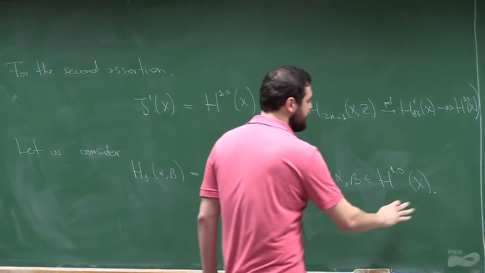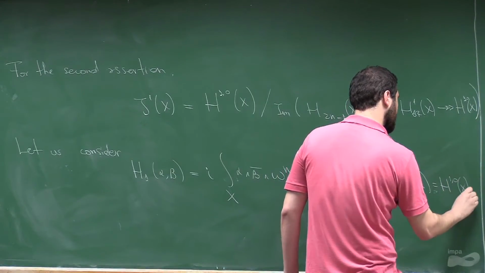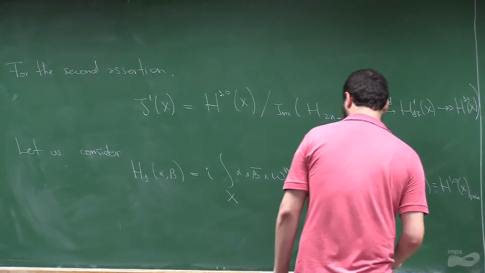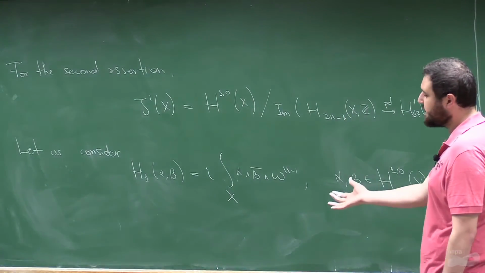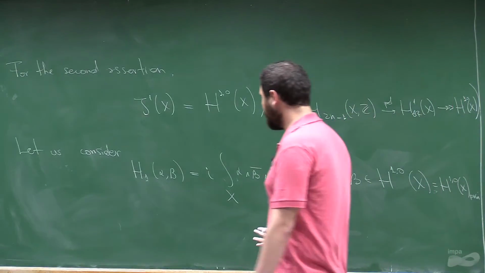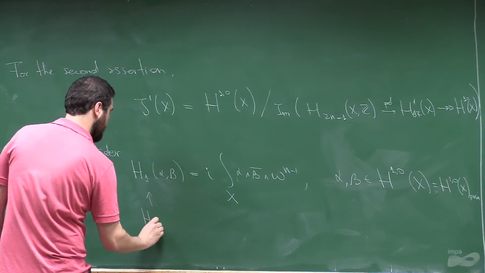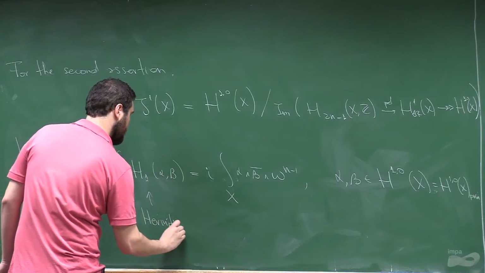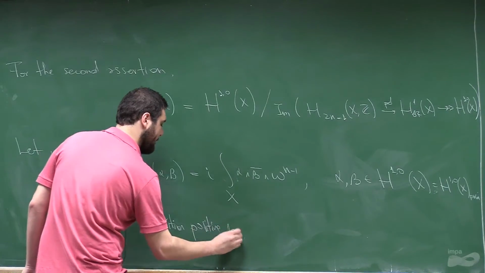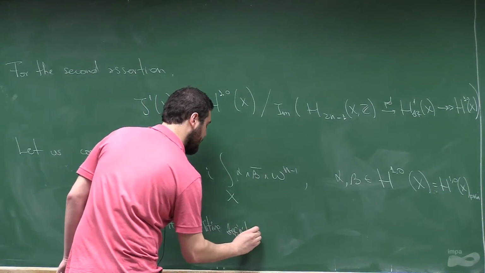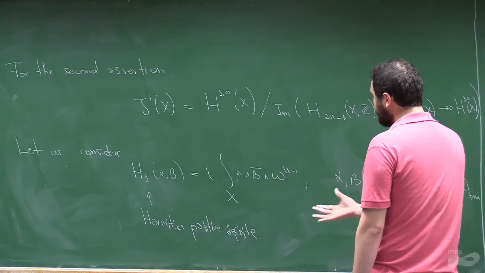Okay, and H^{1,0} is equal to H^{1,0} prime. So we already know that this form is Hermitian and positive definite. Right? And it's constant, right?